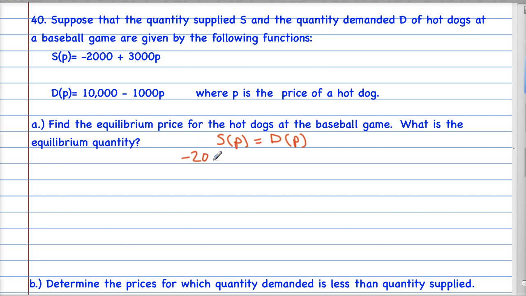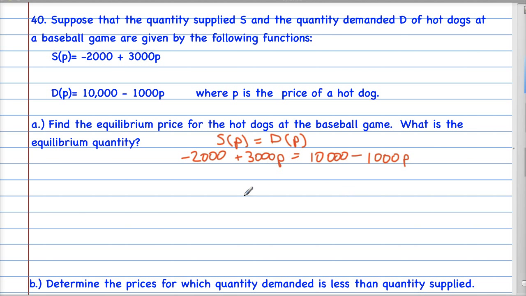So negative 2,000 plus 3,000 P equals 10,000 minus 1,000 P. I'm going to solve this equation for P because P represents the price, so the equilibrium price is the value of P where these two are equal.